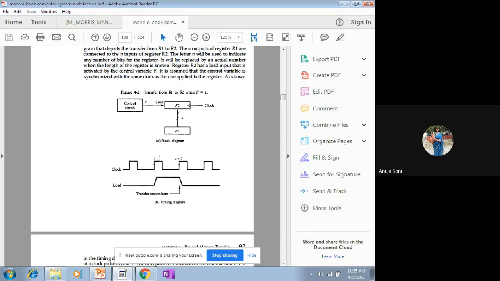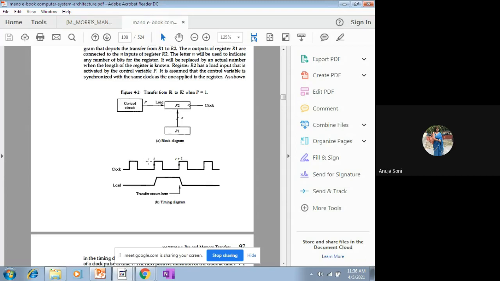Beginning from this point till this, it will be called the t-th timing signal. From the next edge up to this point, including one positive and negative transition, it will be called your next timing signal. What will the next timing signal be? It will be t plus 1. Similarly, the next will be t plus 2, and so on. So we may say that the clock generates a sequence of timing signals.